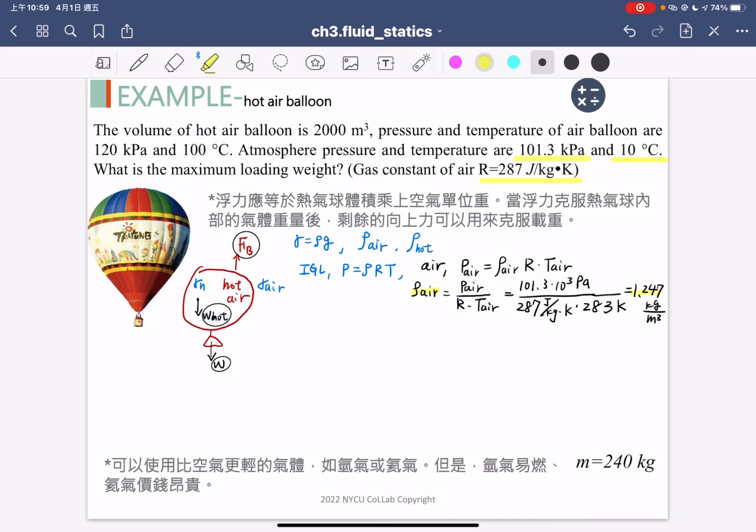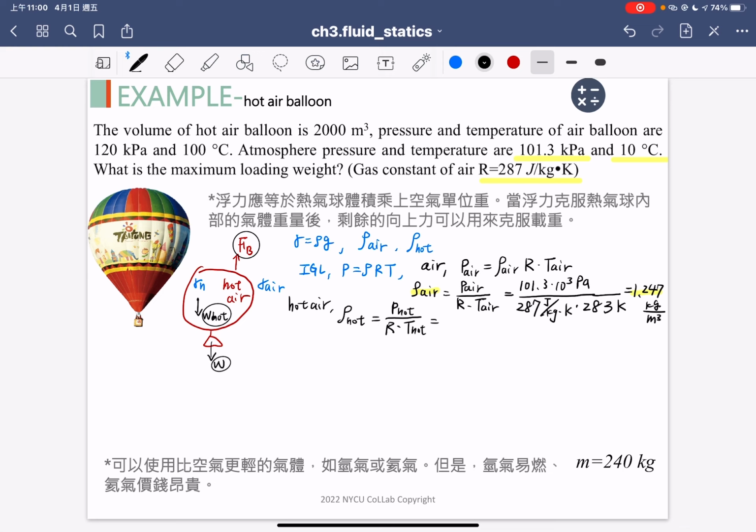This is rho air. And for the hot air, right now I compute the hot air condition again, so we can compute rho hot. What's rho hot? It's the hot air pressure divided by the gas constant and the hot air temperature.